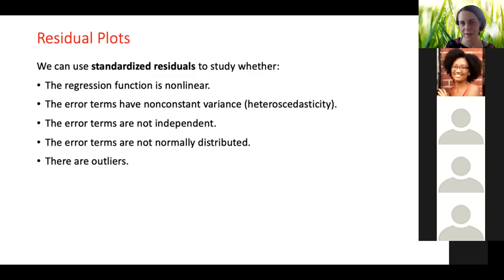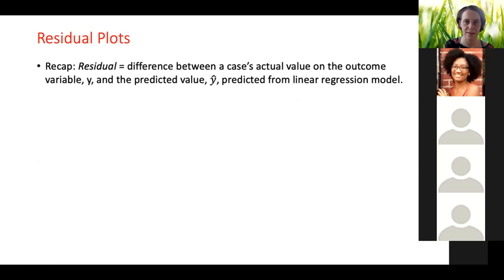We can also tell whether the errors are not normally distributed, and get an idea whether there might be outliers in our data. So we can tell quite a lot from our residual plots, in which, in most cases, we are plotting either standardized or unstandardized residuals against the fitted values, our y-hat values, and then we examine the patterns. We will have examples in a second.